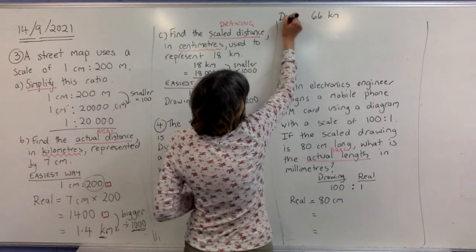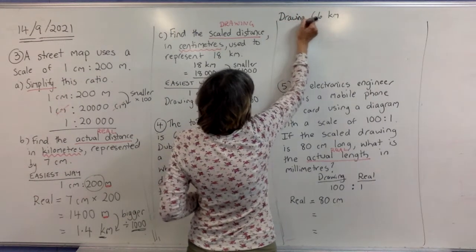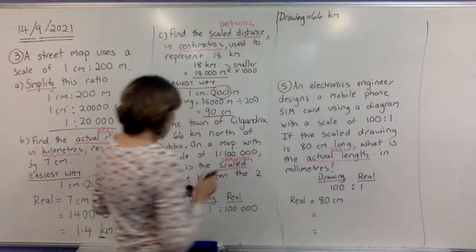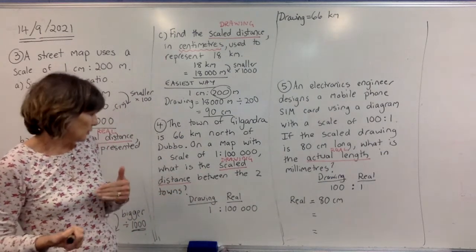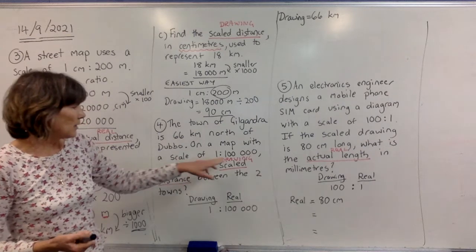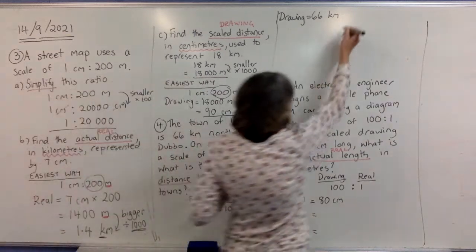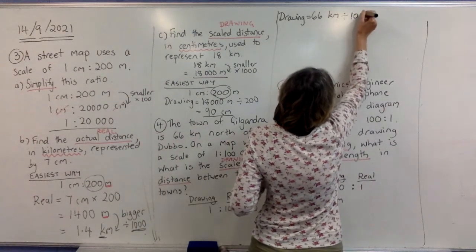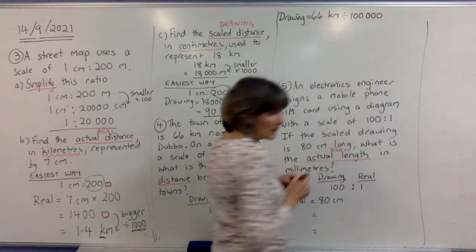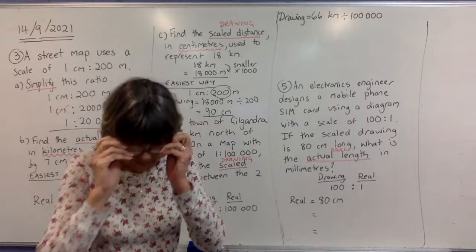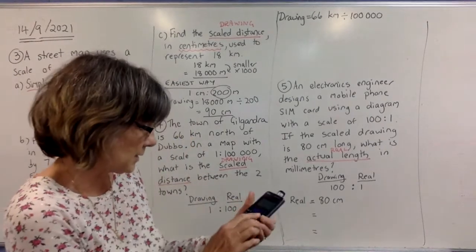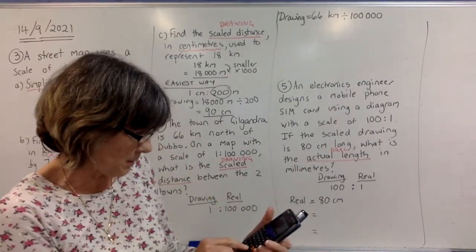So let's write drawing equals, now what are we going to do with that 66 kilometres? We need to bring it down to the drawing measurement, remember? So we're going to divide by that 100,000. Okay, so if we get the calculator and just do 66 divided by 100,000 to get it down to the drawing measurement.